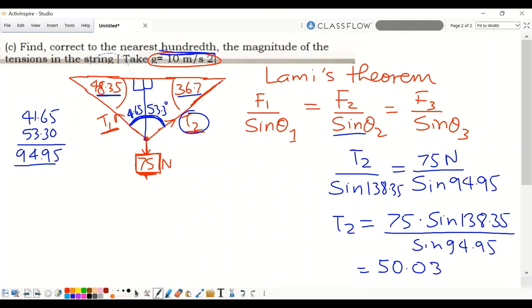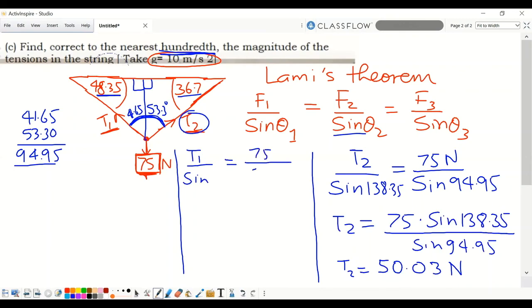So this is tension 2. Let's write tension 1 and we will use the same process for that. T1 over sine something equals 75 over sine 94.95. And now we'll find this angle. Again, same process. This is the angle opposite T1, which will be 180 minus 53.3.